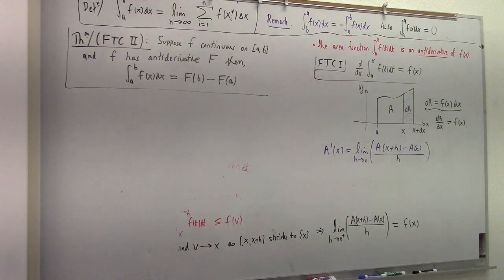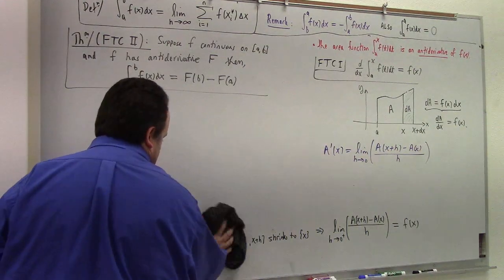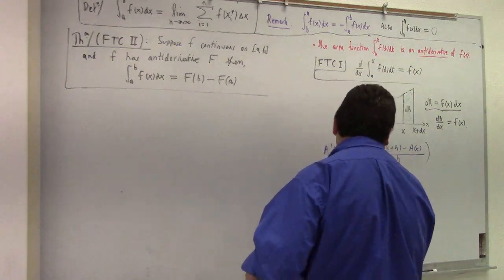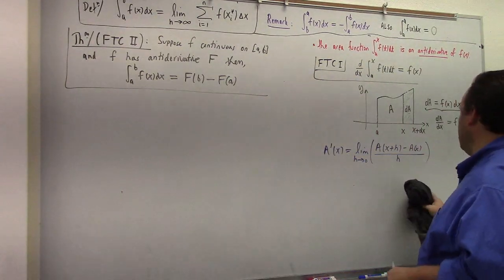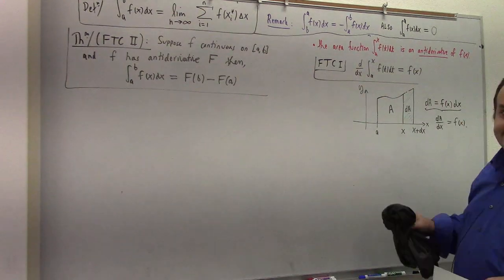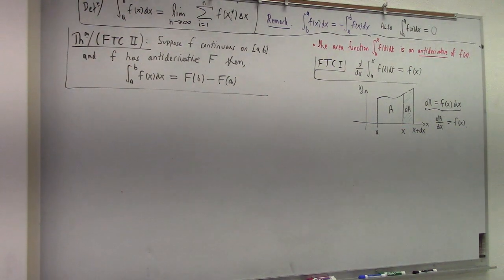What's another way to look at fundamental theorem of calculus part 1? What it really says is that if a function is continuous on a closed interval, then it has an antiderivative. That's pretty neat, right? Because the opposite direction definitely isn't true.